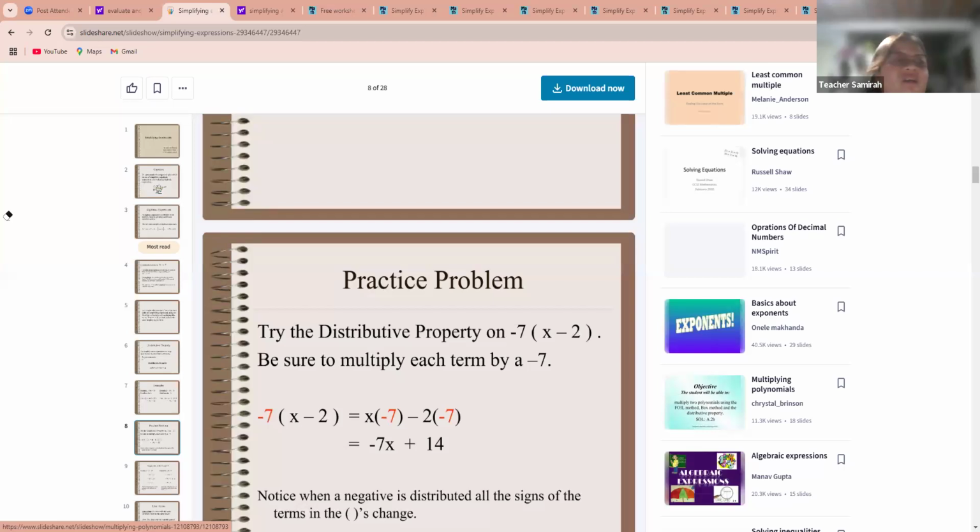Hello? Can I do that? Tristan, can I combine these two, negative 7x and positive 14, which will give me positive 7x?